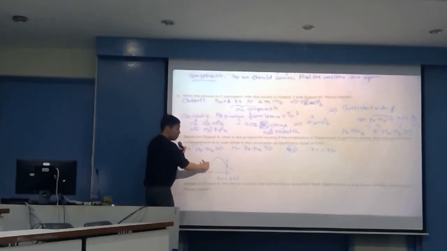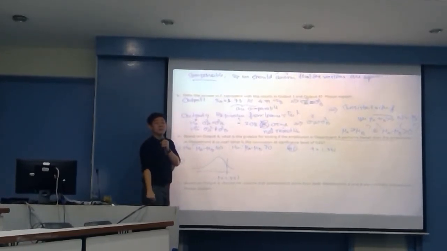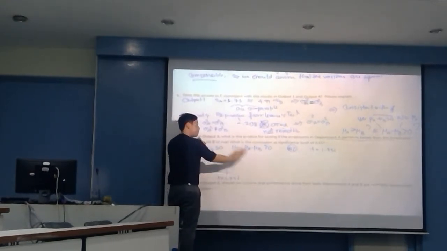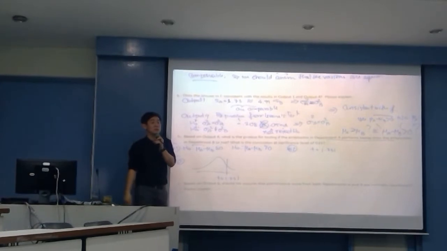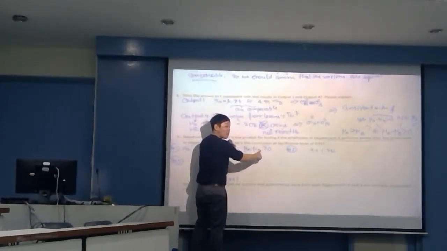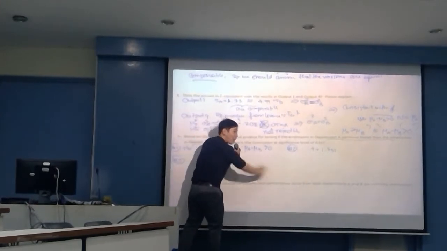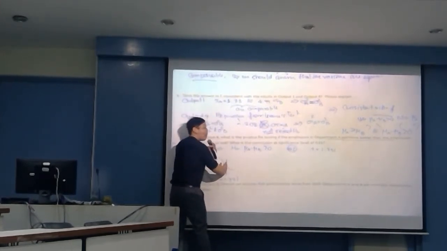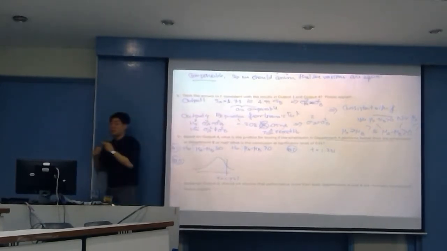If it's negative, it's on this side. And now, is the area on the right hand side or left hand side? Look at the sign in HA. Greater than sign, area on the right hand side. Less than sign, from this point to the left hand side. So you talk about this area here.